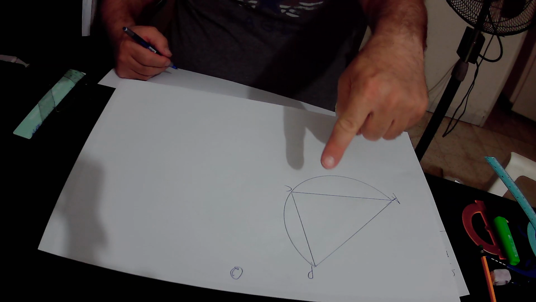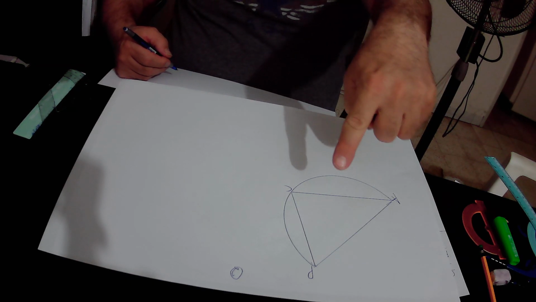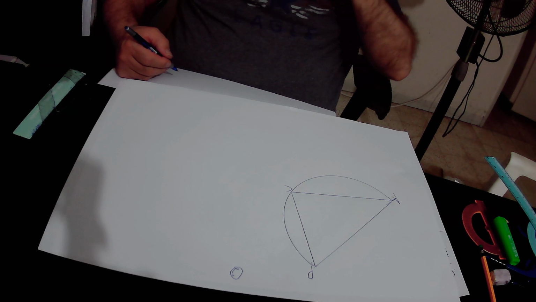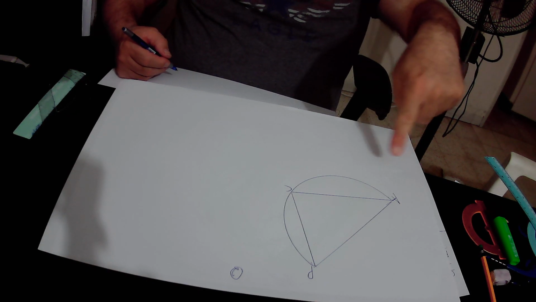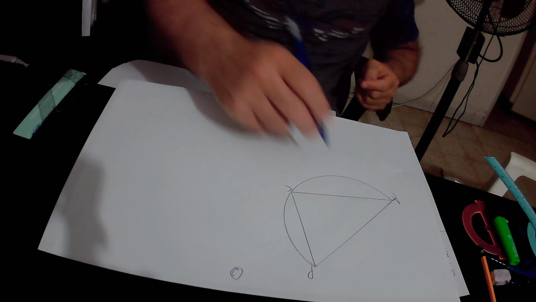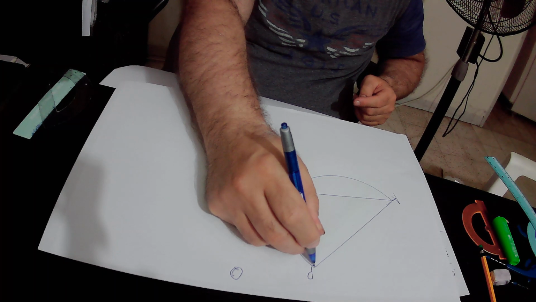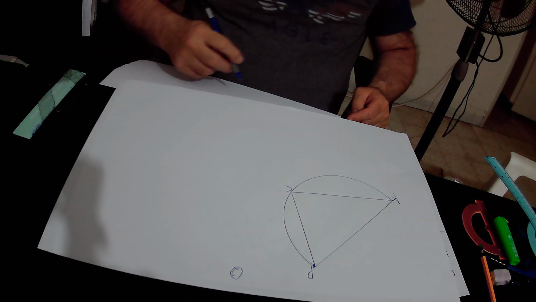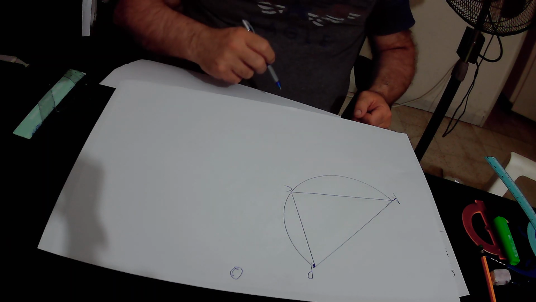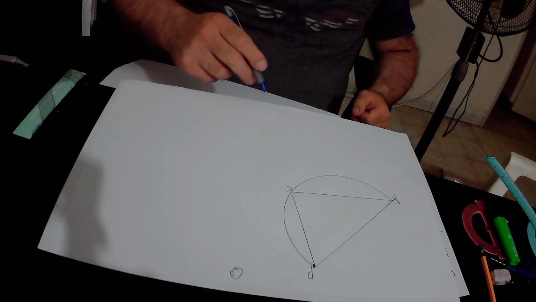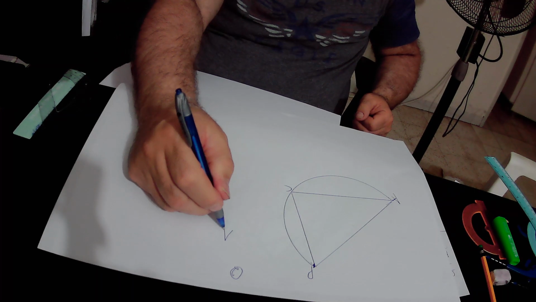Actually, this is the main semicircle that I copied from the original drawing, and this is angle ACP. Angle ACP is subtended on AP. This is the diameter of the semicircle, so I'll write it down.